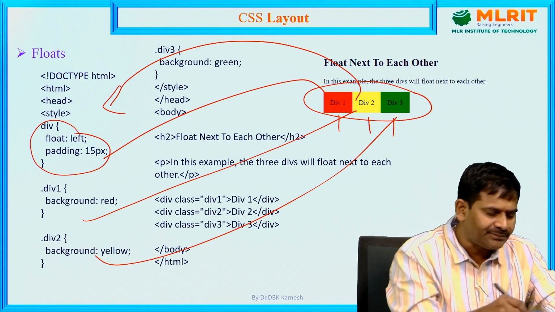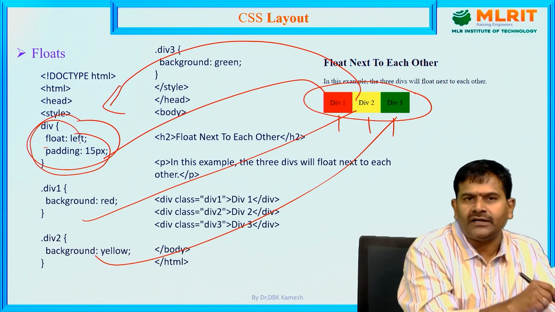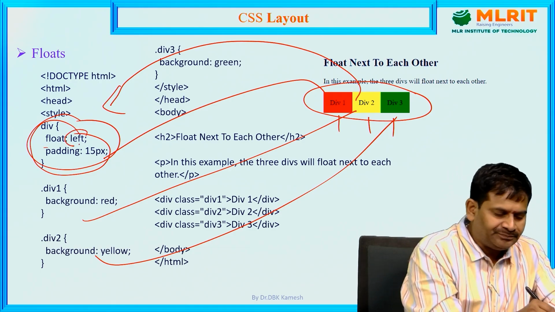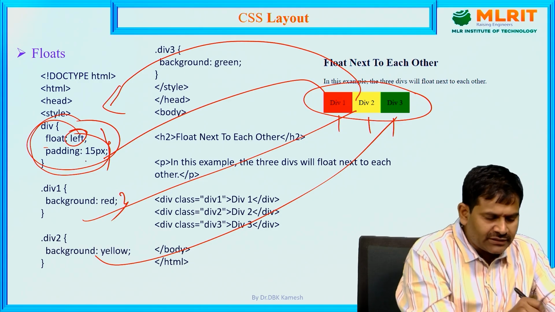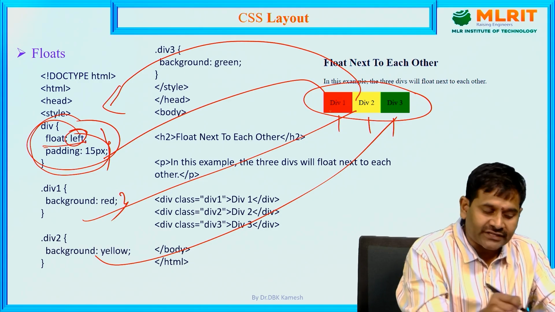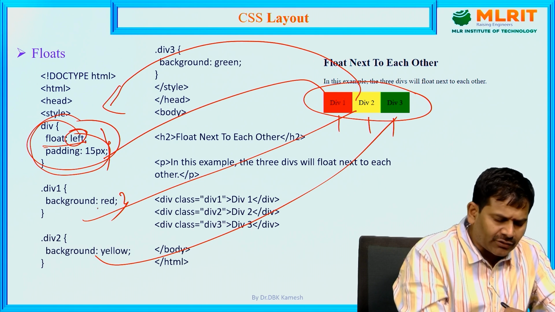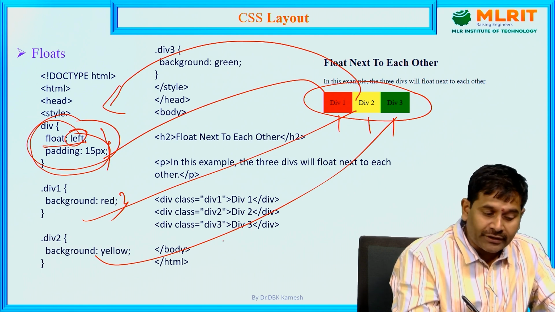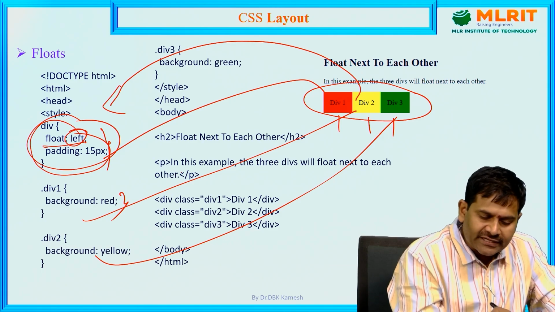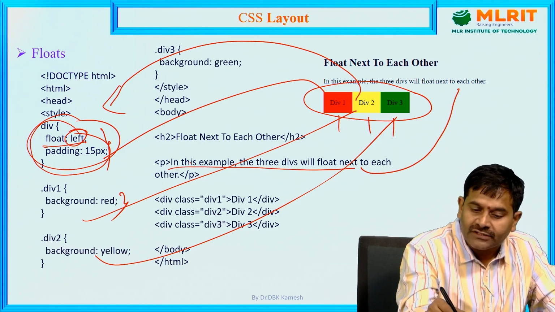Then we see how the division can be used, with its property and description. In this, the first one floats to the left side with padding of 15 pixels. The second one has a red background, then division 2 has a yellow background. We have written this in the body style, as in this example with a photo. Next one.